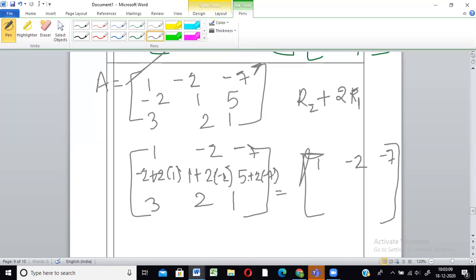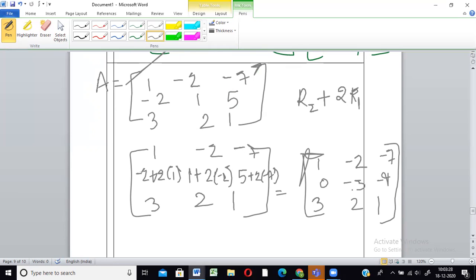And this answer is nothing but minus 2 plus 2, 0. 1 minus 4 is minus 3. 5 minus 14 is minus 9. 3, 2, 1 as this. Alright? That was an example.